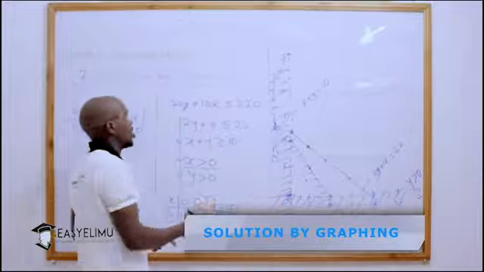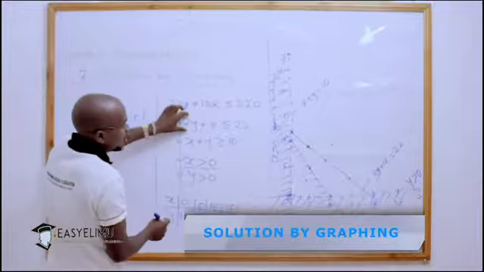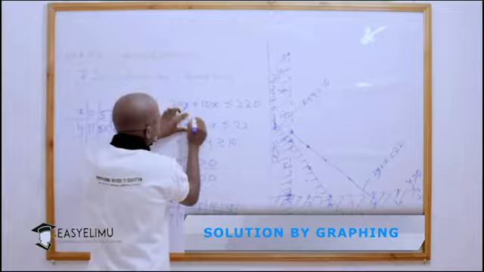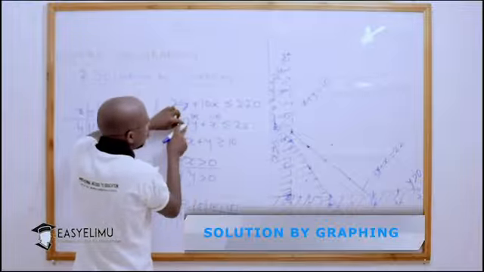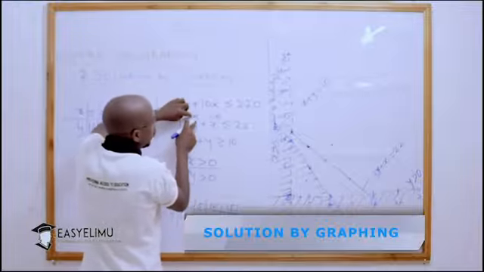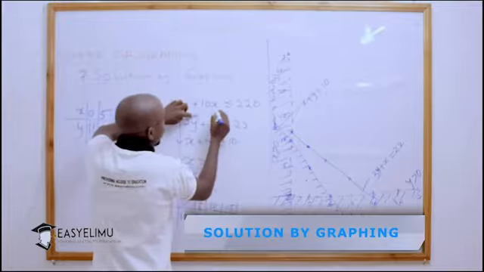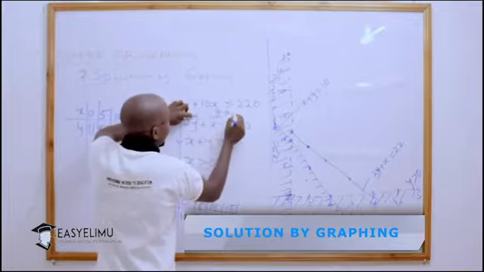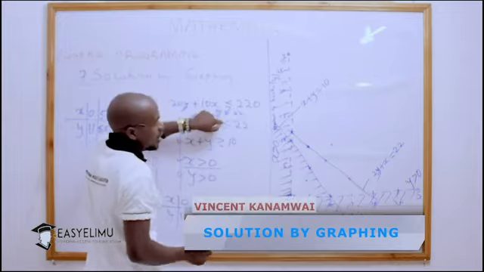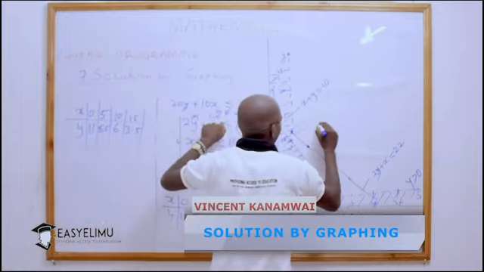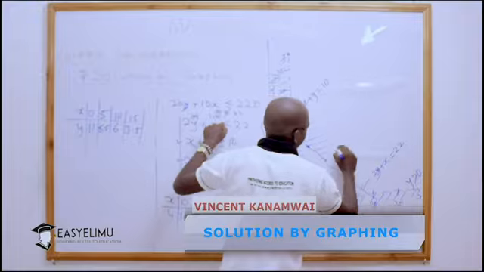We need to identify that point. We shall substitute where y is 10 and x is 10. So if we substitute, we find 2 times 10 is 20, plus 10, you are getting 30, but 30 is not less than or equal to 22. This one is not true. So meaning the outward side is not true, so we need to shade the outward side.